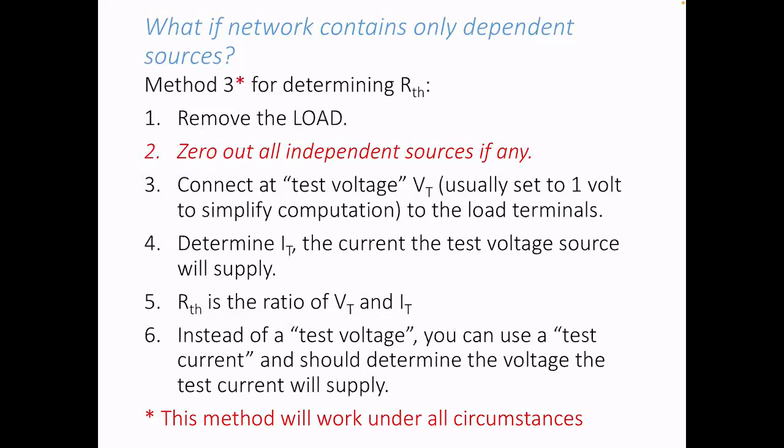Okay. What if the network contains only dependent sources? So again, this is another method for determining RTH. So what is the procedure? Again, you remove the load. Don't bother with number 2 first, ano?